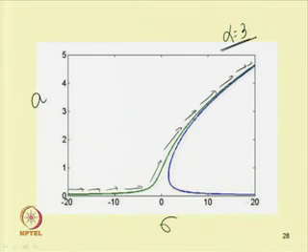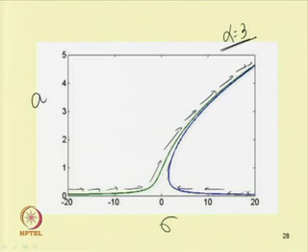And if one decreases sigma, let one start from this position. If one decreases sigma, it will follow this path. If one studies the stability, it can be shown that up to this the system response is stable and this branch is unstable.